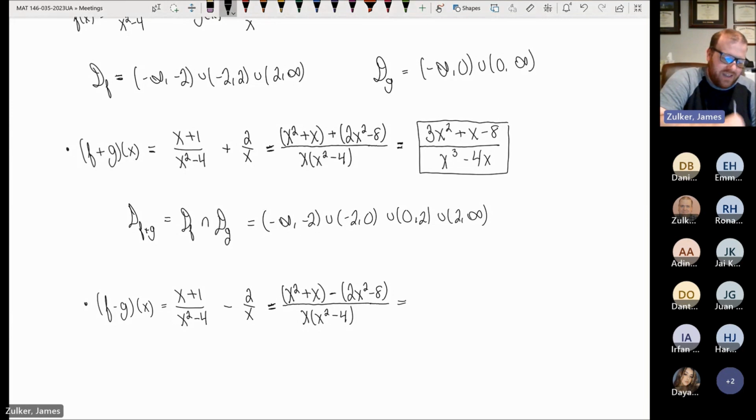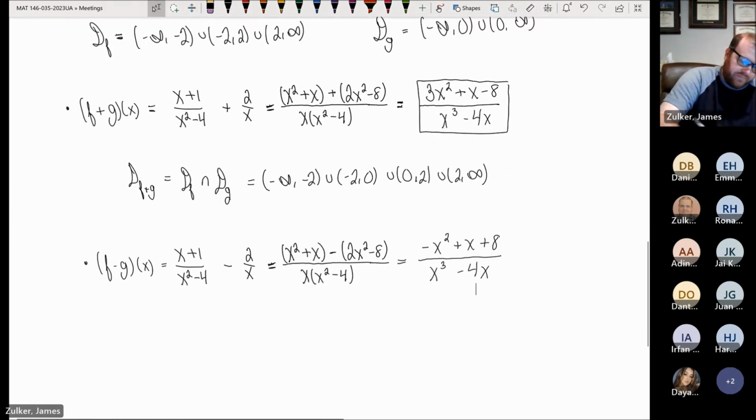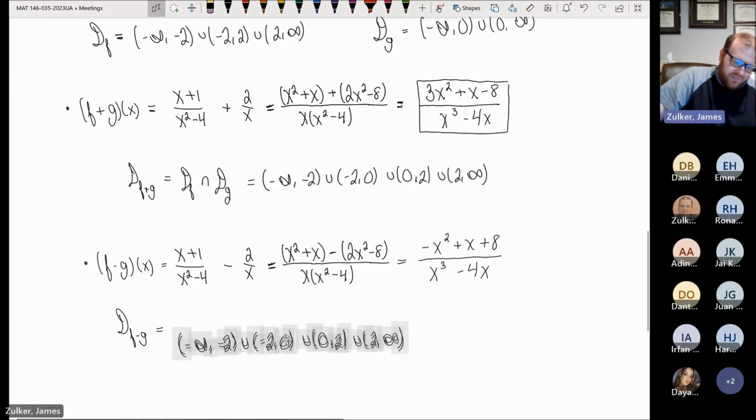So if we simplify this, we now get negative x squared plus x plus 8, right, over x cubed minus 4x. Its domain is the same as plus, right? It's the intersection of the domains.